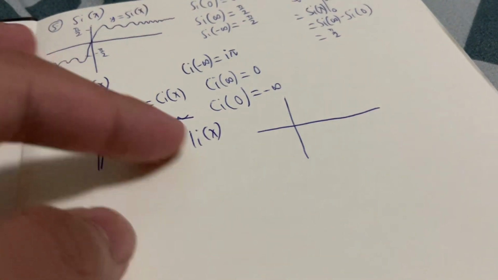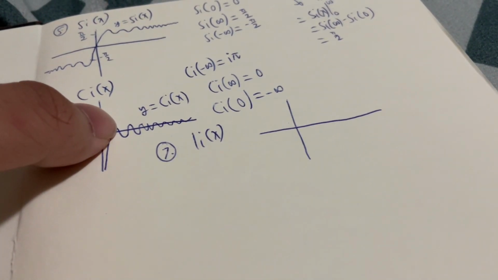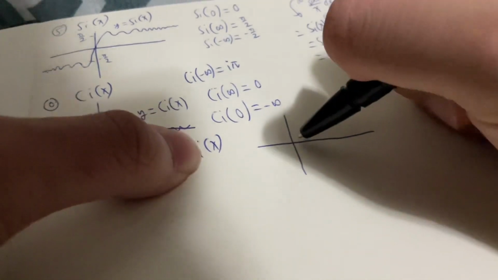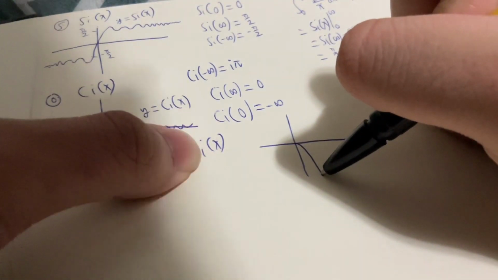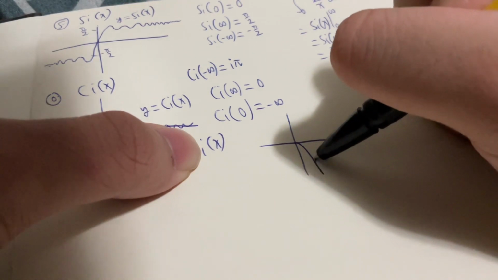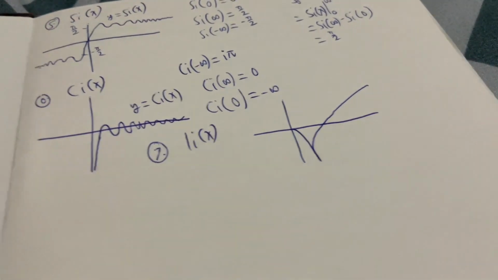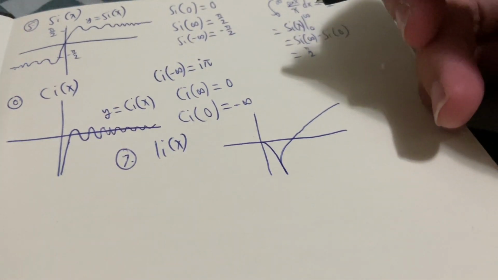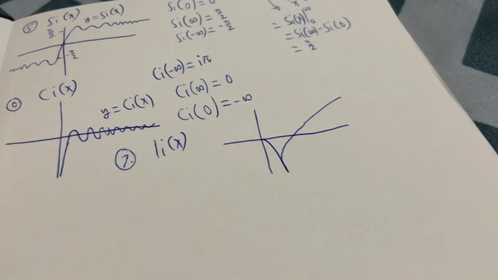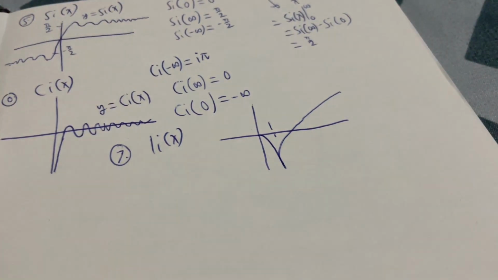Let me just talk about this. The graph of Li of x is like this: from 0 it goes down, and then goes up again, and keeps approaching positive infinity, with a special point about 1. When x is equal to 1 it approaches negative infinity.